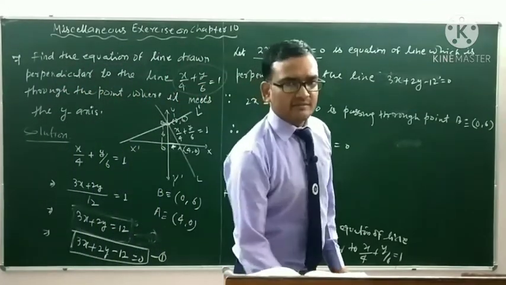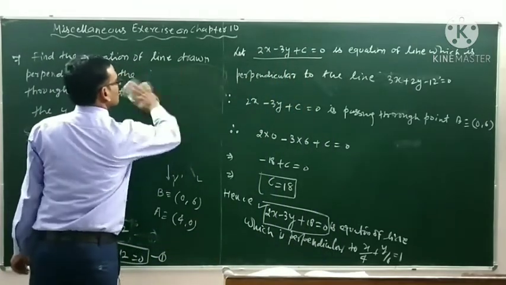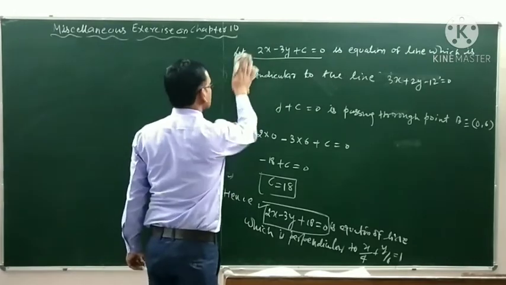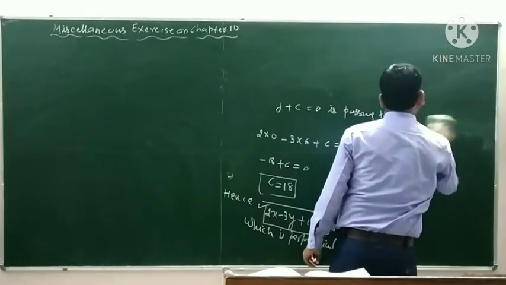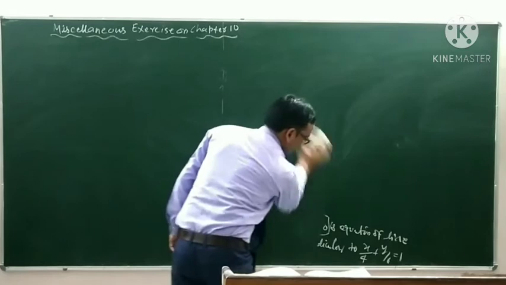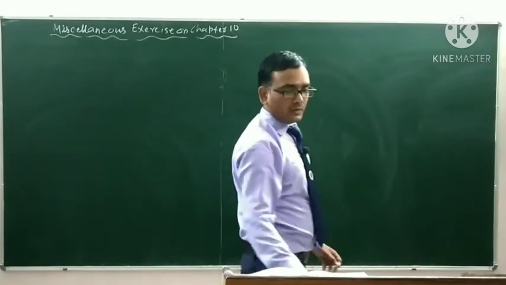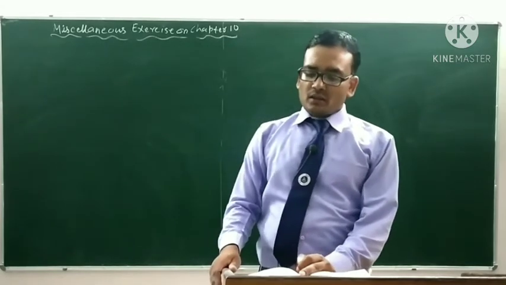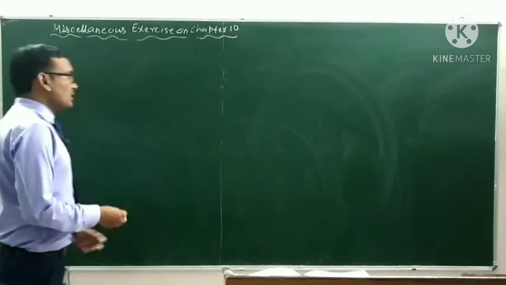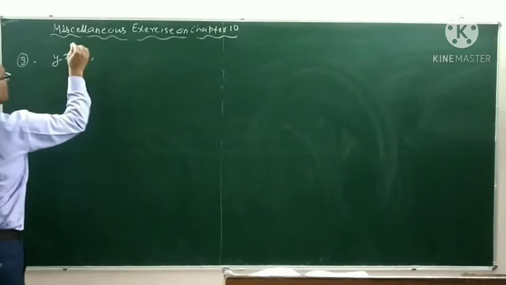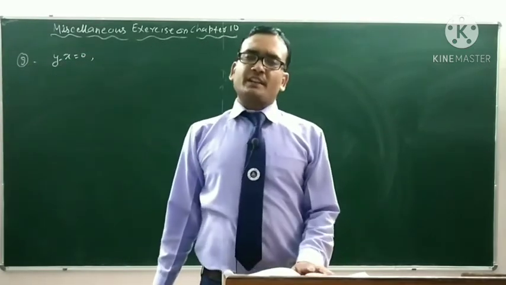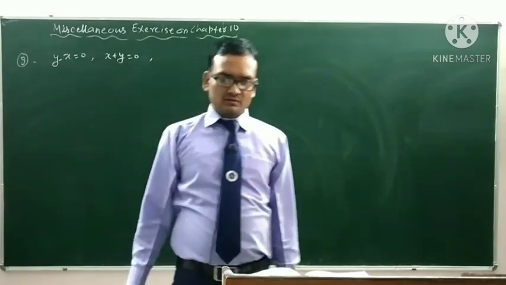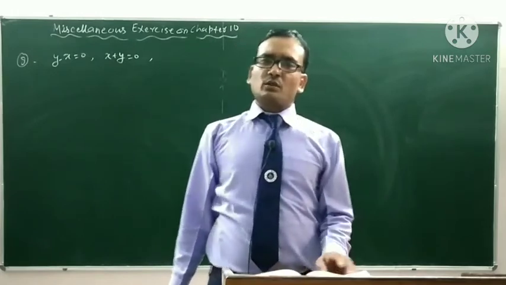Question number 8. Find the area of the triangle formed by the lines y minus x equal to 0, x plus y equal to 0 and x minus k equal to 0.